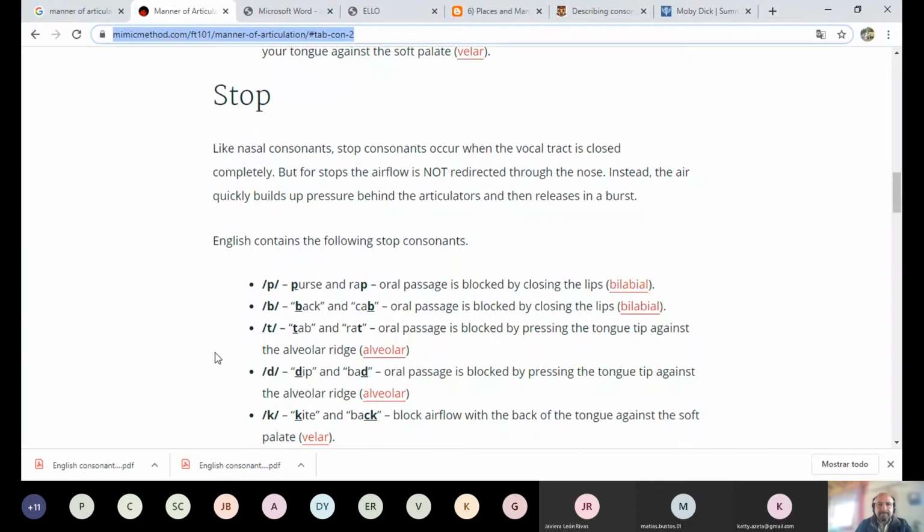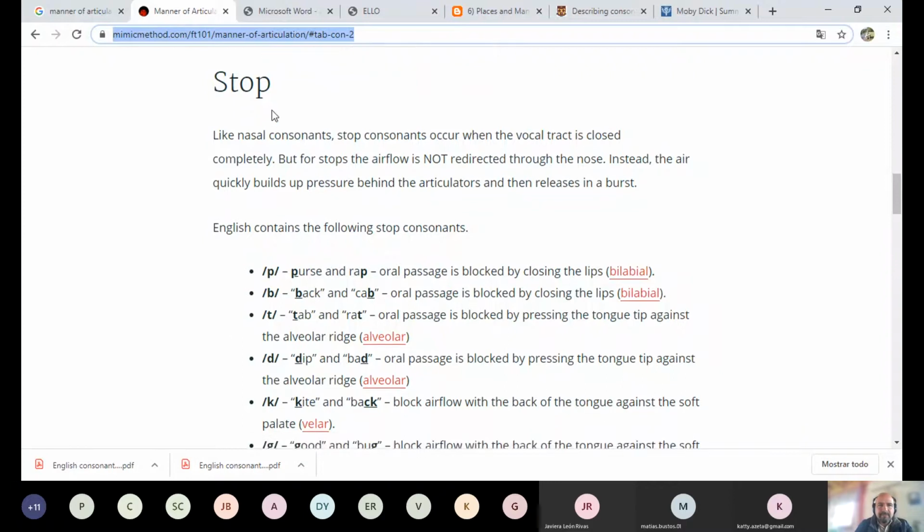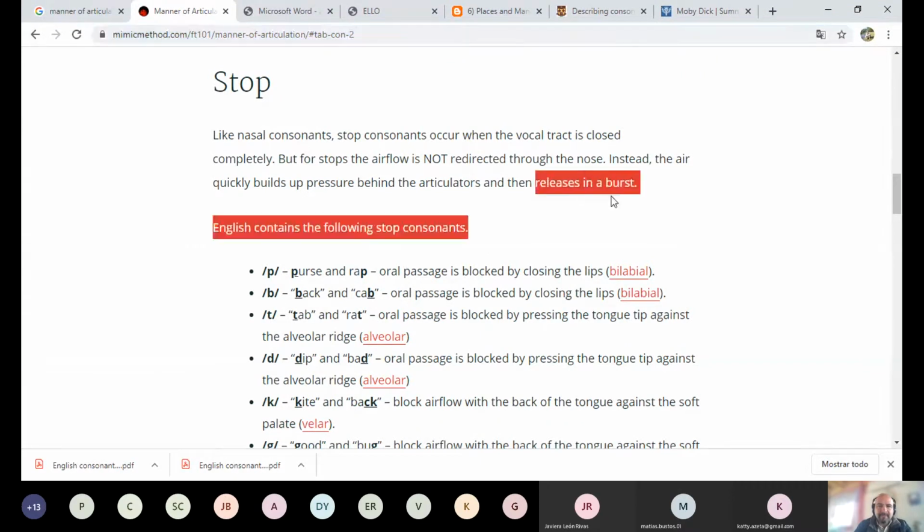For example, the definition of a stop or a plosive: stop refers to this block of the airstream, when we close the vocal tract, either with the lips or with the tongue pressed against some section of the roof of the oral cavity, and then release the air in a burst.